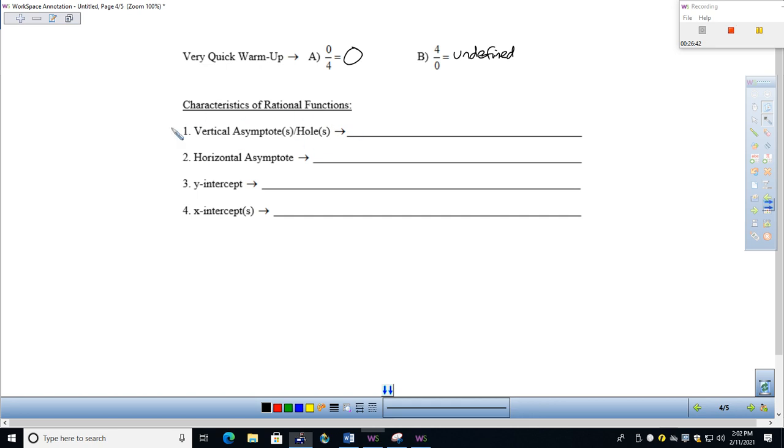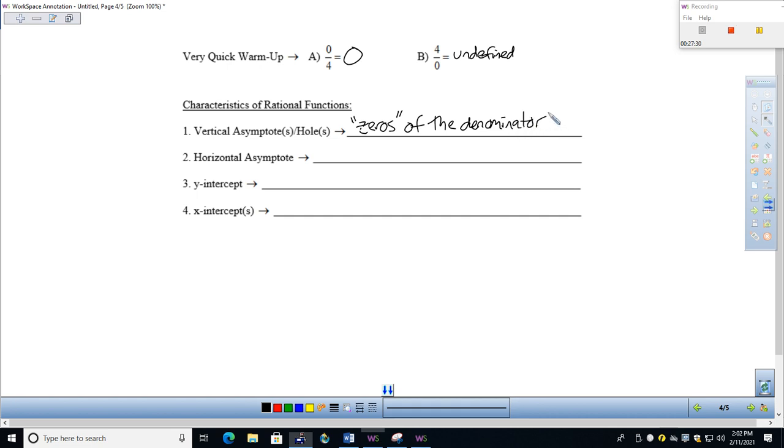Now, the reason for doing this is to lead into number 1 in terms of our 4 characteristics here. So vertical asymptotes and holes, as we just alluded to, really come from where the function is undefined. And in a rational function, what that means is the zeros of the denominator, because if it makes the denominator 0, it makes the function undefined.